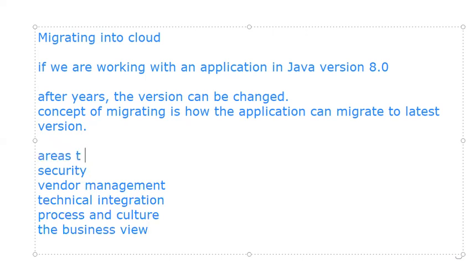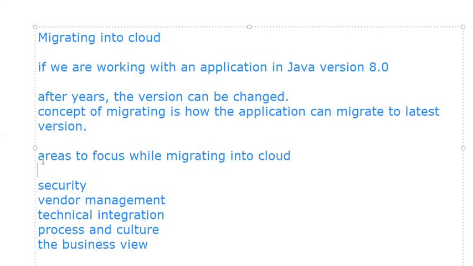Areas to focus on while migrating into the cloud. When you want to change from one version to another version, we should be clear on how we can provide security.